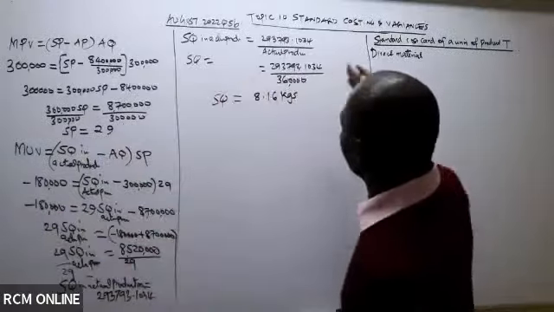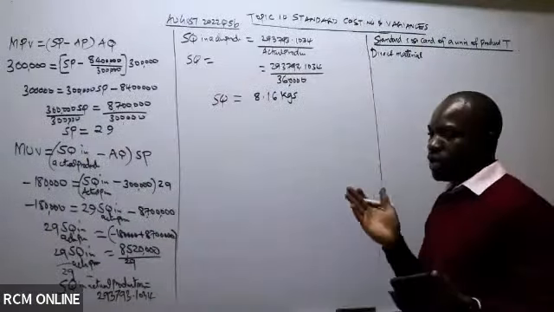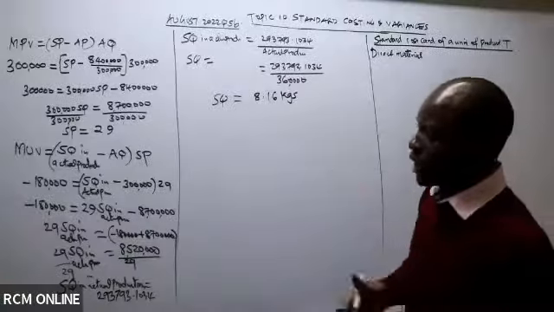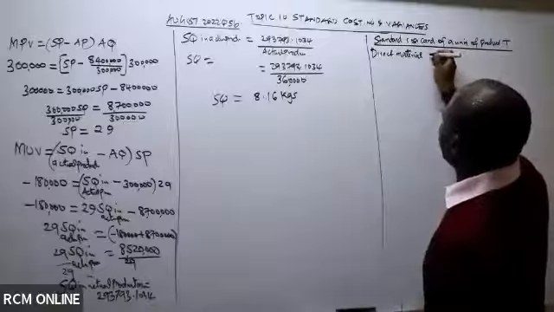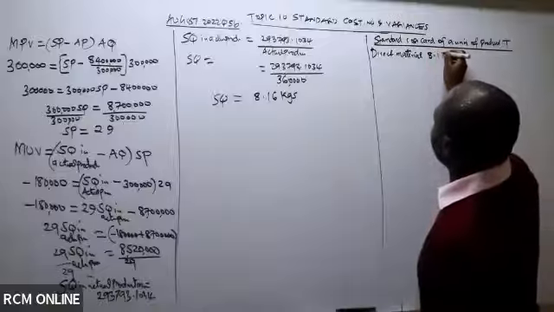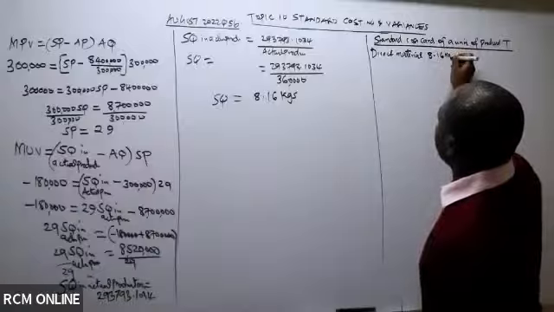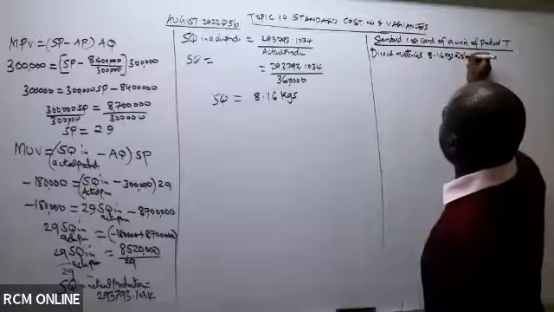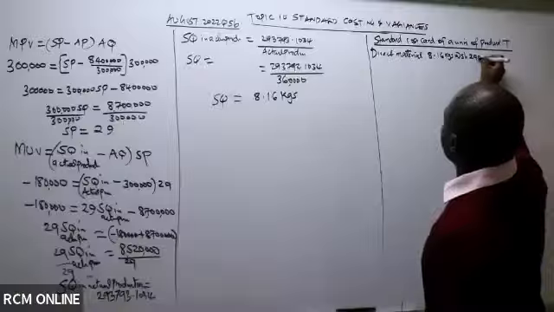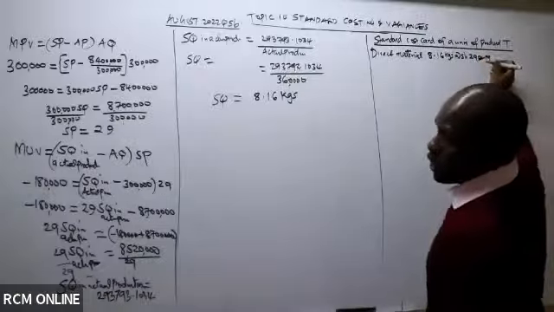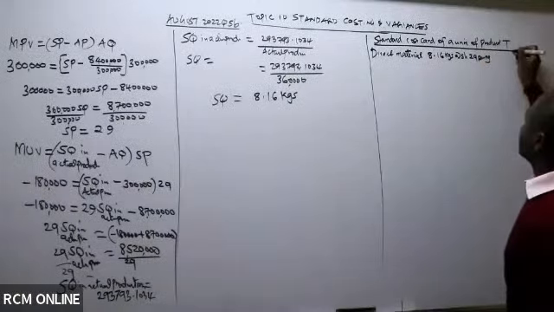So when you go to the standard cost card, just refer to what we are given under the standard cost card. They say direct material, so they need 8.16 kgs at shillings 29 per kg. Then they normally give us the amount here. So can you give us the amount?